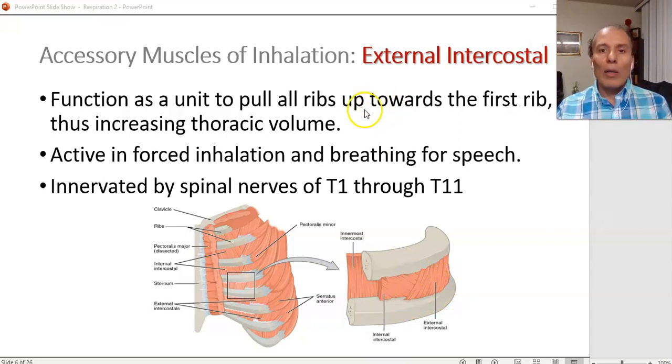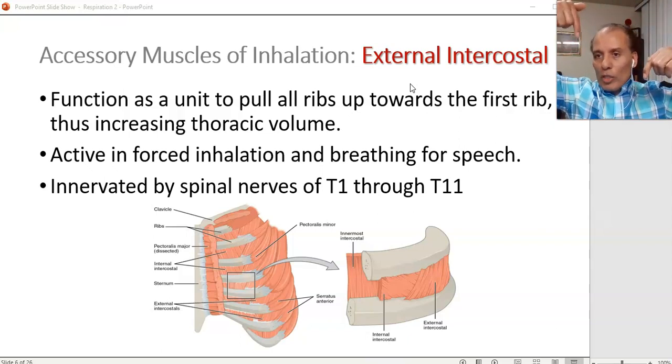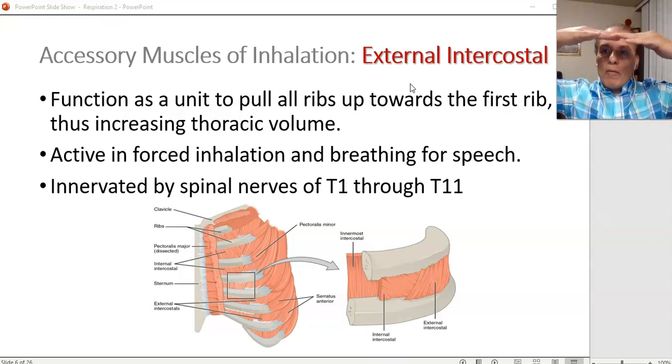It will make sense that if you want to lift, we said muscles can only do one thing. Muscles can only pull. Okay? So if you want to pull something up, you have to have the origin. Muscles pull toward their origin. You have to have the origin above.